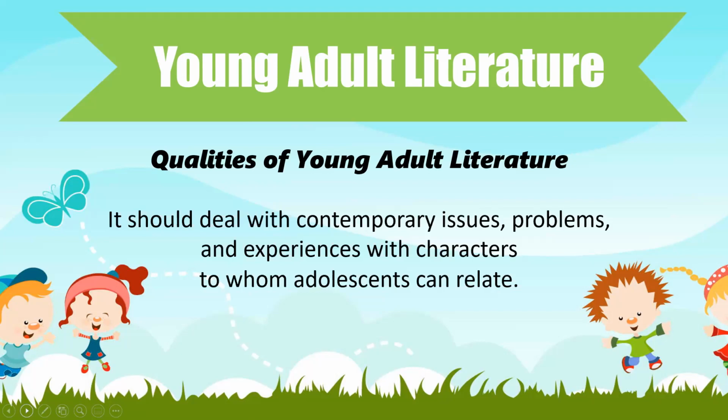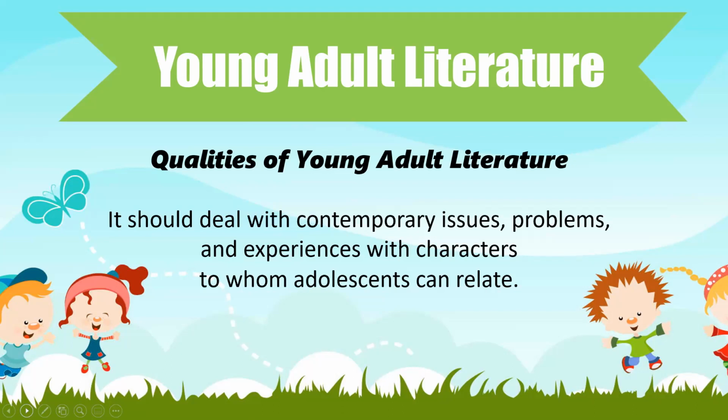Another way to identify or define young adult literature is by knowing their qualities. One quality is that it should deal with contemporary issues, problems, and experiences with characters to whom adolescents can relate. If they can relate to a particular story or character, then that is for them. Simple as that.